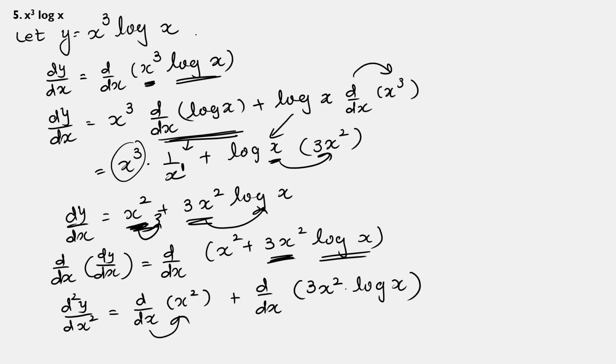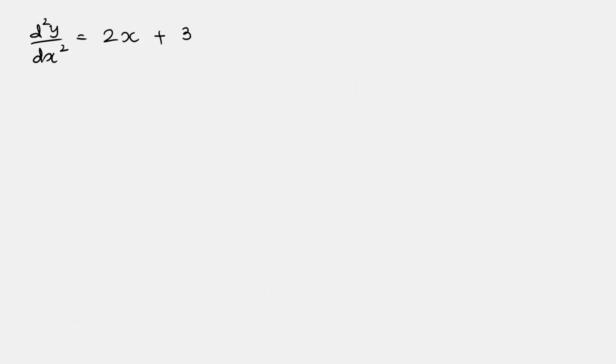Then you can see that 3 is multiplied with both the things. Obviously, that means 3 can be taken out, and then I'll make a bracket to show that this is your first quantity, this is your second quantity, and they are in product. First quantity as it is, differentiation of second. Second quantity as it is, differentiation of first, 3 is out by the way. So first quantity as it is, differentiation of log x, plus log x as it is, and differentiation of x square.